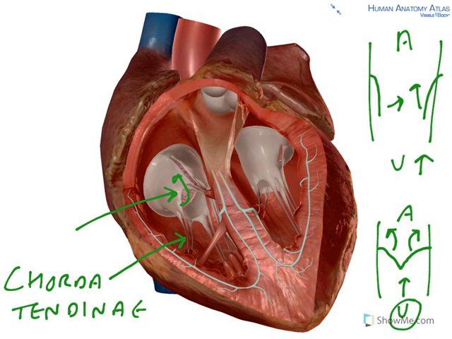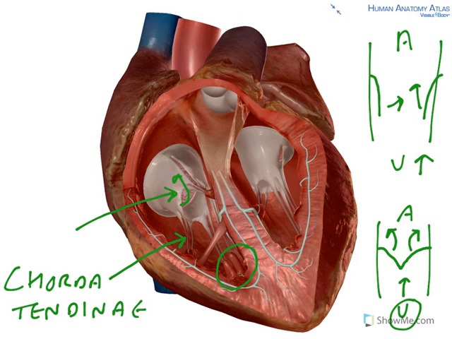And what the chorda tendinae do is they actually tether the valve leaflets and prevent the valve from being pushed inside out by high pressures in the ventricles. And furthermore, to assist that, we see that the chorda tendinae are attached to pieces of muscle in the ventricular wall.